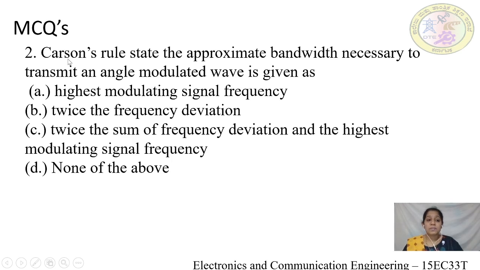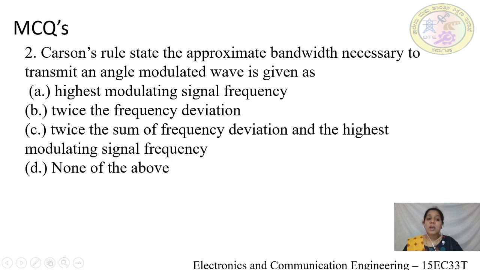Second question. Carson's rule states the approximate bandwidth necessary to transmit an angle modulated wave is given as option A highest modulating signal frequency, option B twice the frequency deviation, option C twice the sum of frequency deviation and the highest modulating signal frequency, option D none of the above.